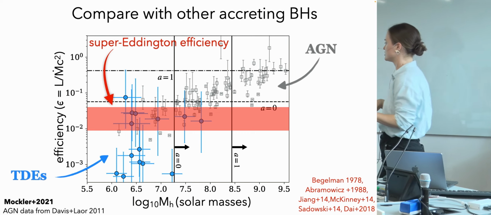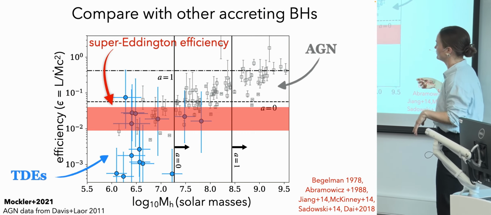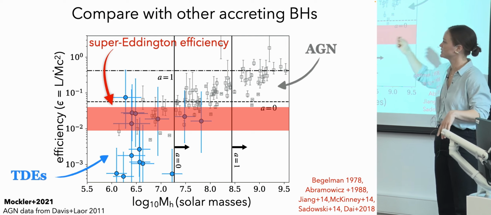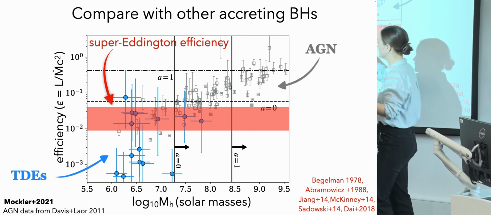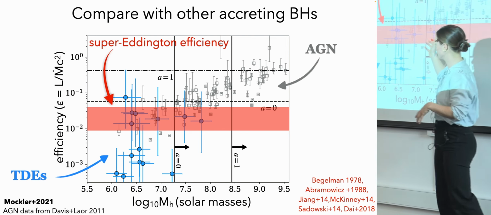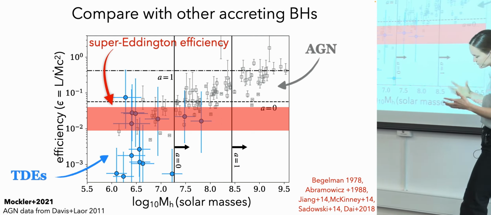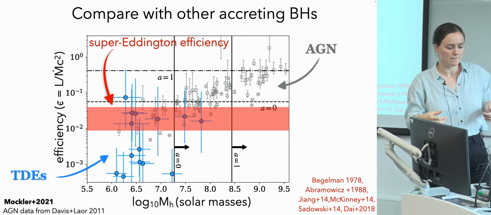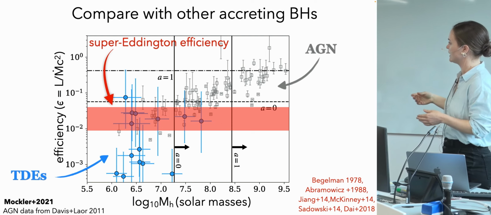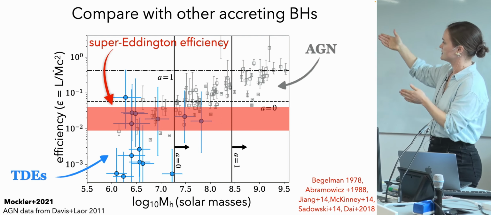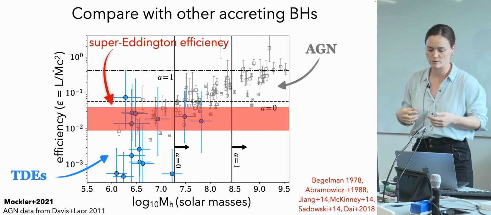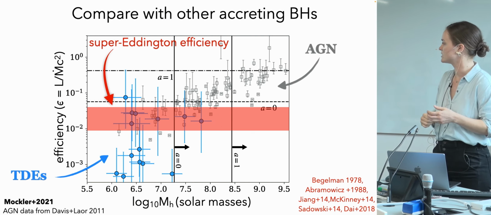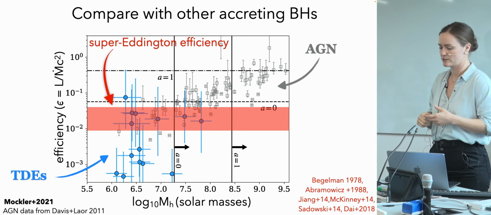This line shows approximately what simulations predict for super-Eddington accretion efficiencies. You can see where some of them are relatively consistent with that. Some of them are lower. But in at least some cases, this is pretty close to what we would expect from accretion from a super-Eddington accretion disk.